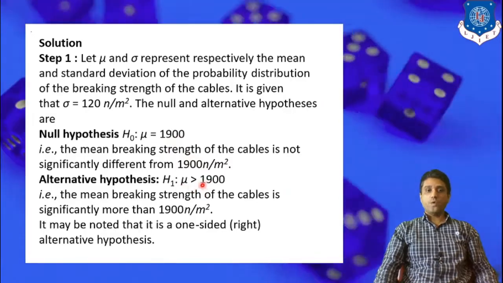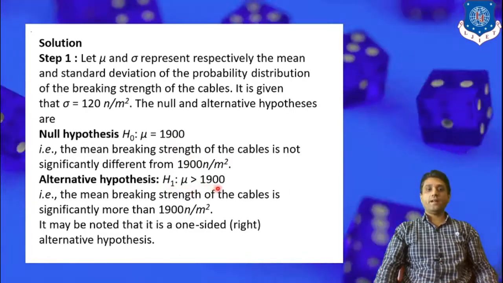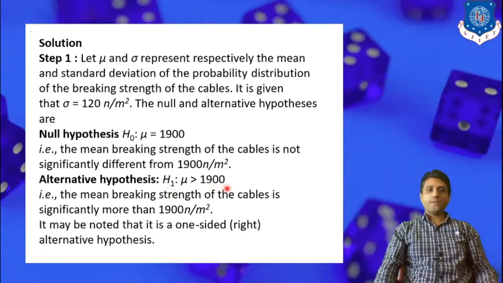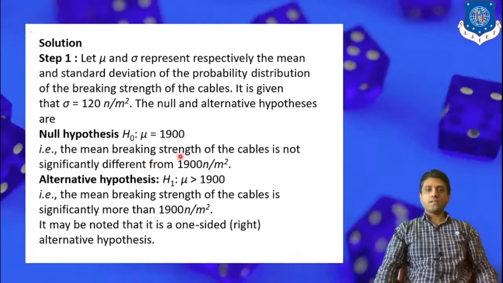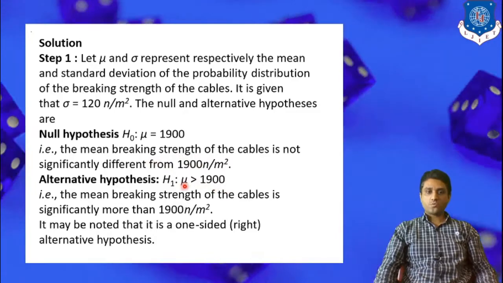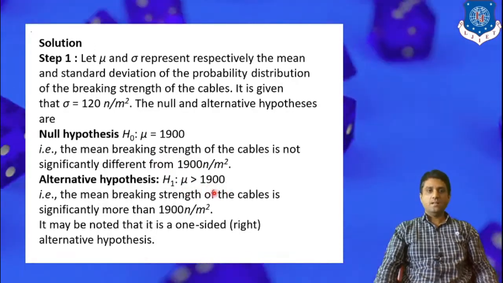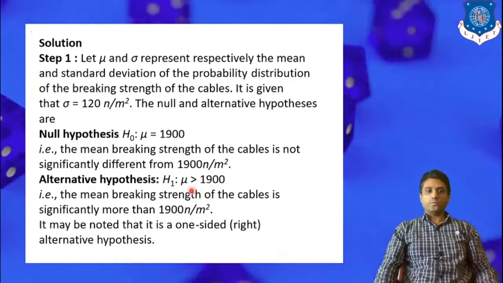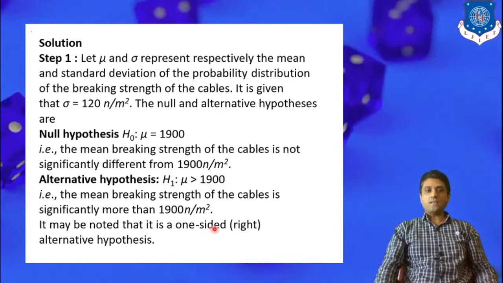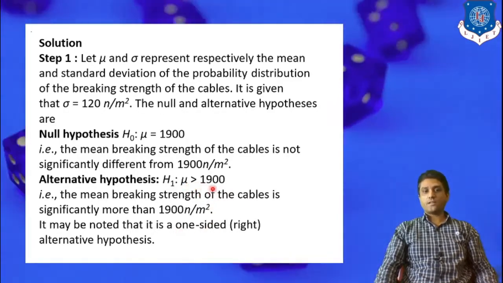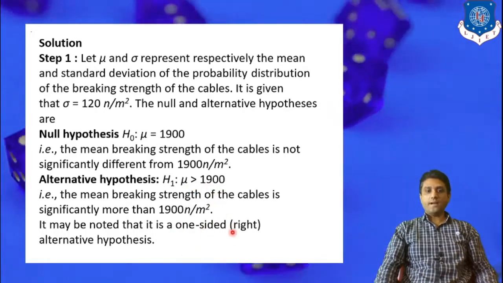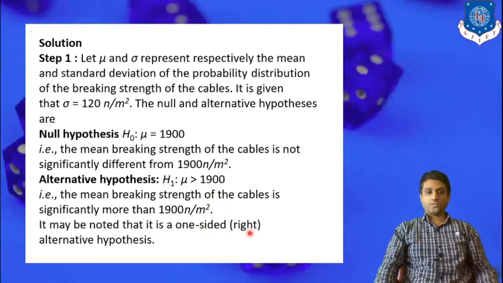That's why we assume the alternative hypothesis is mu greater than 1900, because the manufacturer claims that the breaking strength is increased. So we consider a one-sided test, mu greater than mu 0, that is a one-sided right alternative hypothesis.